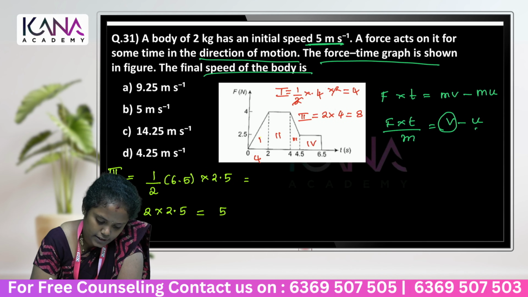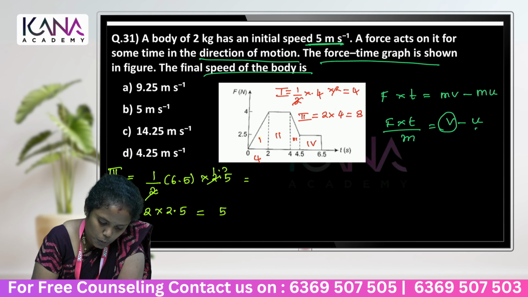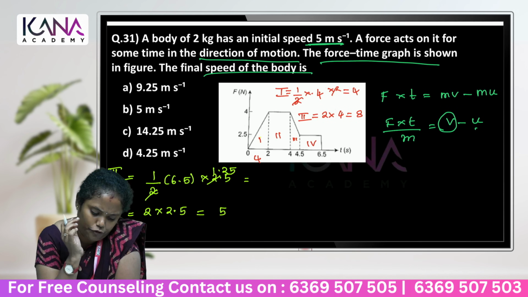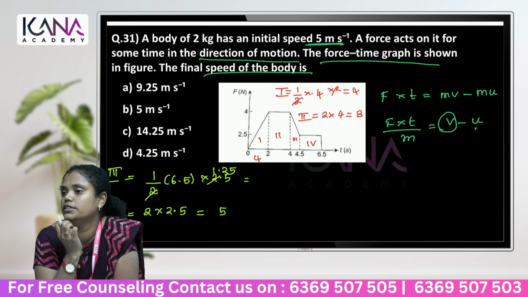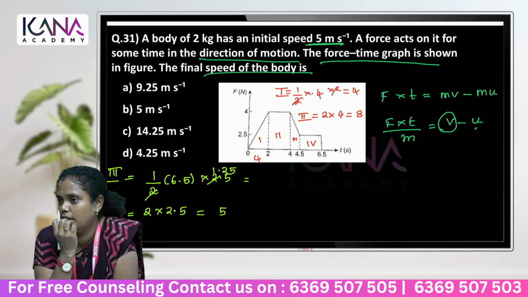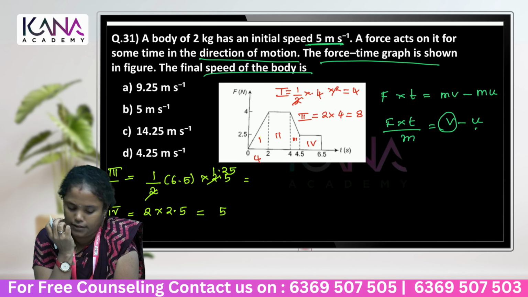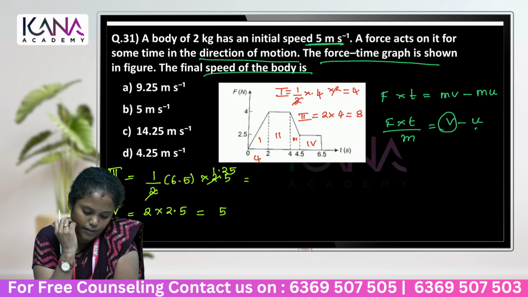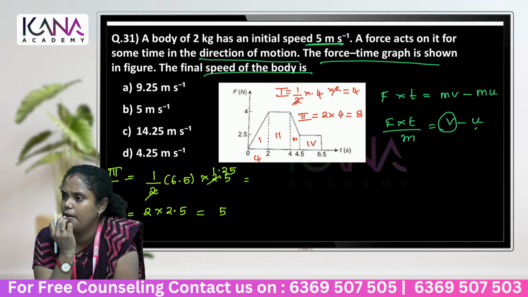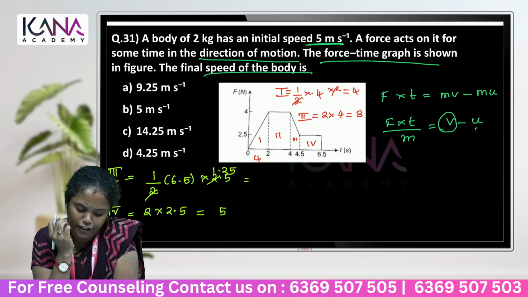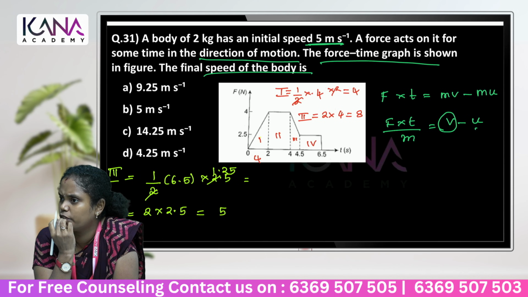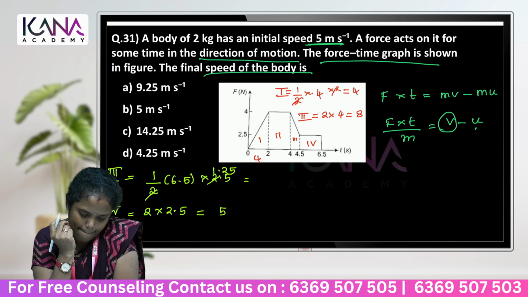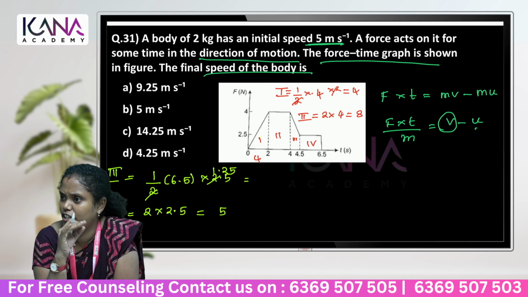Plus here it is 1.25 into 6.5. And 1.25 into 6.5 is 1.62. Total, you add and tell me.